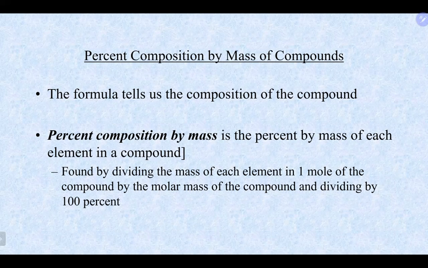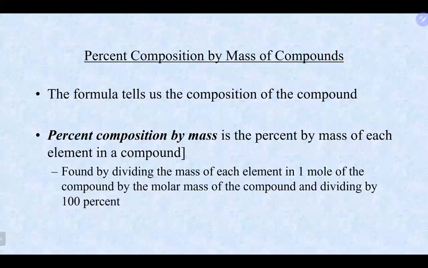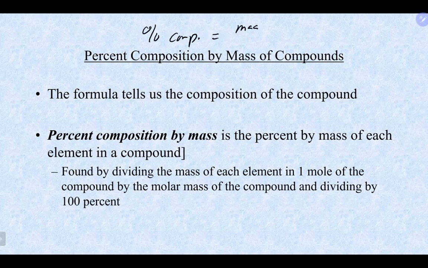We find it by taking the mass of the element we are looking for, divided by the mass of the compound, and times it by 100%. So we take the mass of each element, basically the molar mass, divided by the mass of the entire thing, and times it by 100.